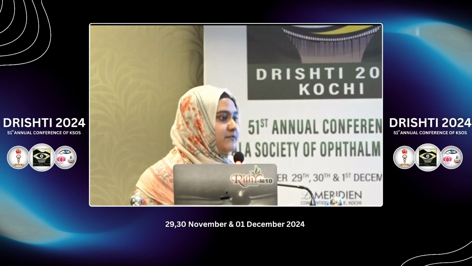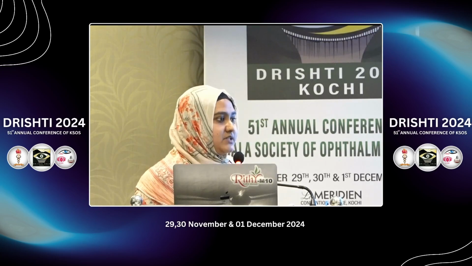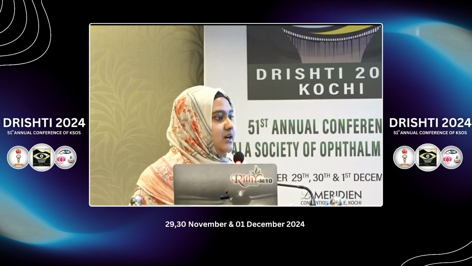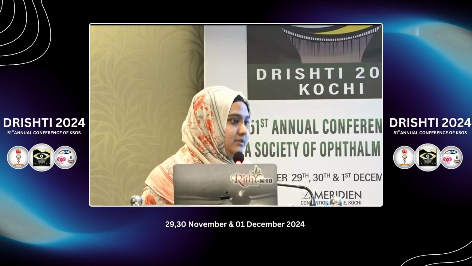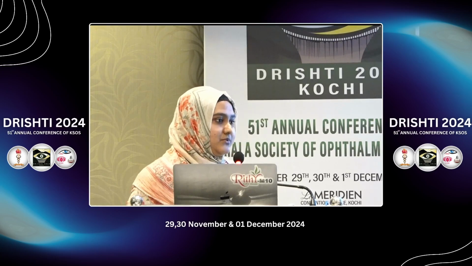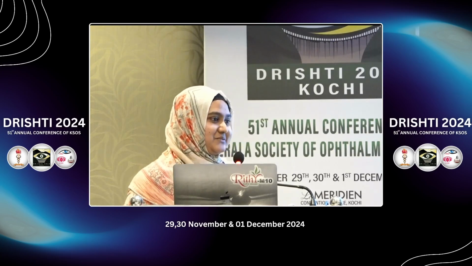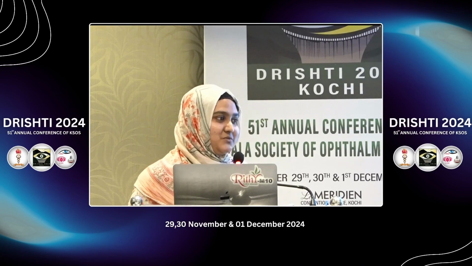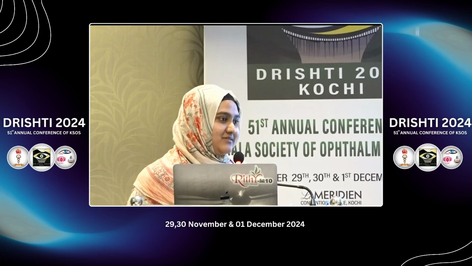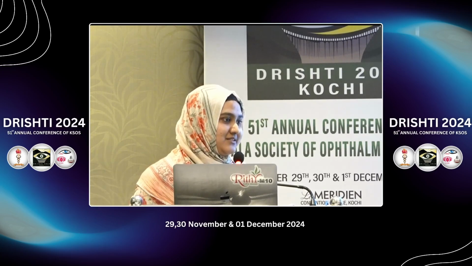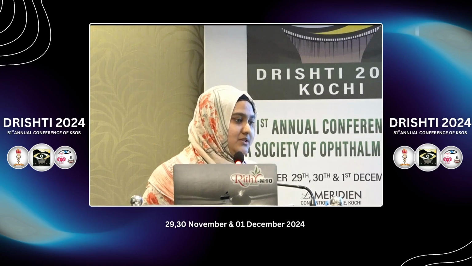To know the correct refractive errors, to paralyze the ciliary muscle, we can block the accommodation. How much accommodation in children? Total even up to 6 to 8 diopters they have.